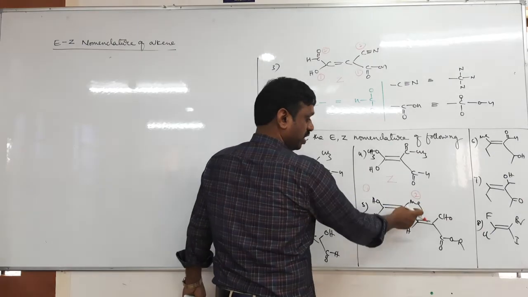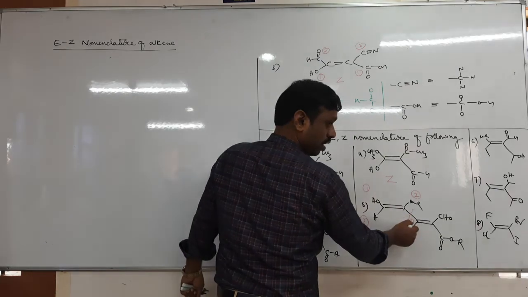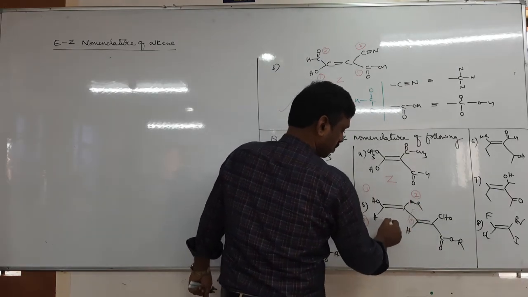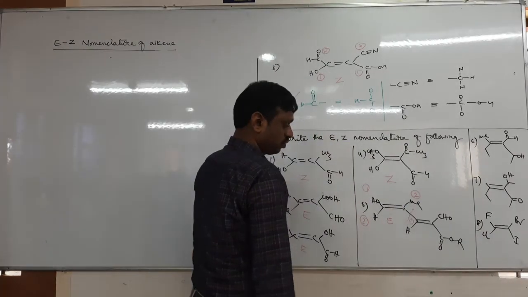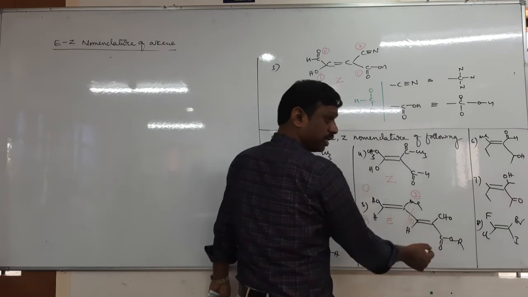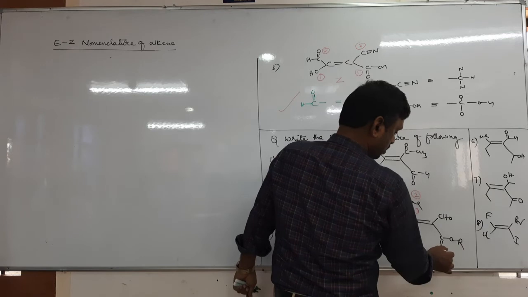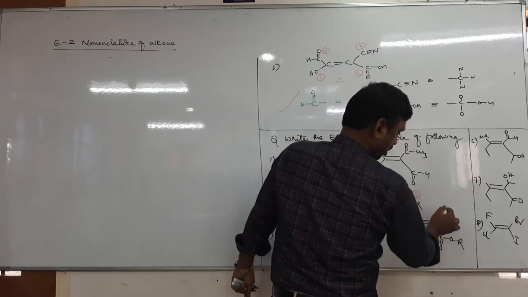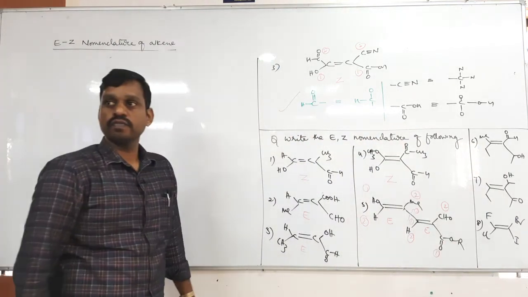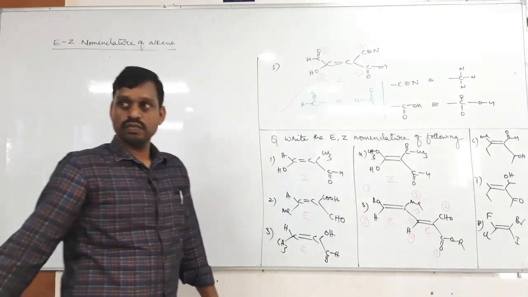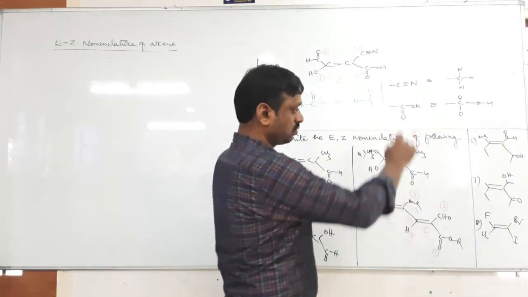It is a methyl carbon, but this carbon is attached to different groups, so 1, it is 2, therefore it is E. Next part, in the next part, this is 1, it is 2. Here, this is 1, it is 2. E. Next.